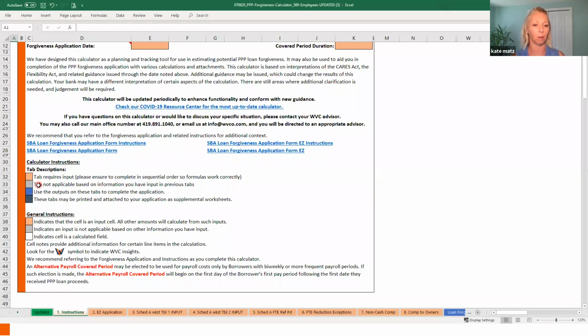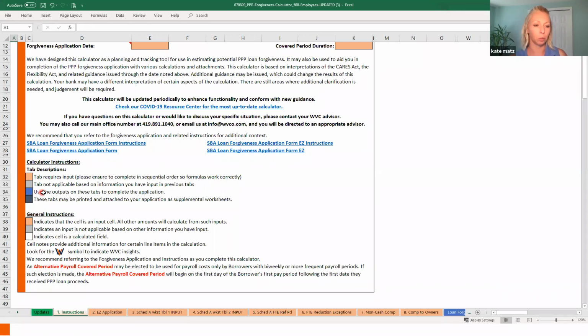The gray tabs indicate that you do not need to input anything on that tab, and that'll be based off of information you input earlier on. Now, for you folks that are filling out the full form, you're unfortunately going to need to fill out all the tabs. You're not going to have any gray tabs. But if you were eligible for using the EZ application, a couple of the tabs would turn gray.